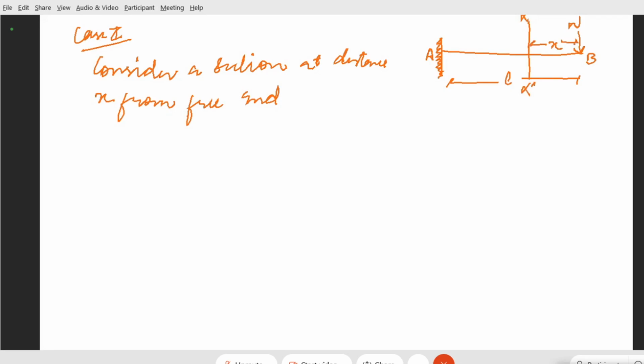You can actually check it on either side. You can either go from A towards B, or you can go from B towards A. It will absolutely depend upon you.